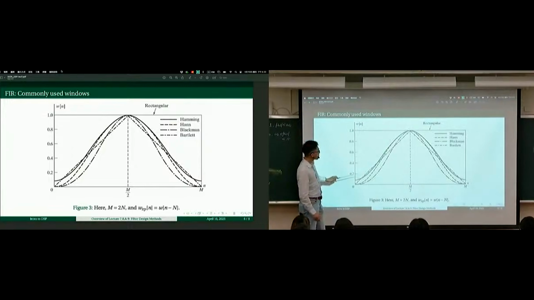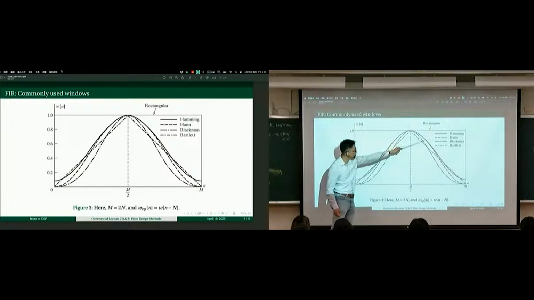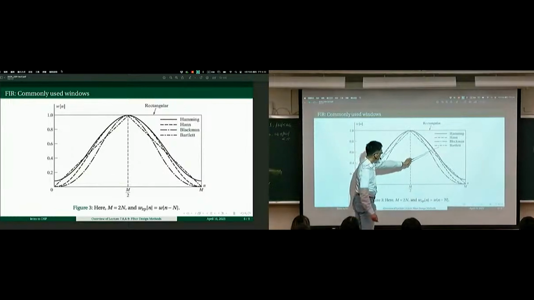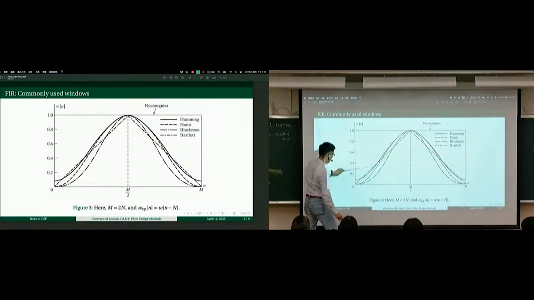For example, there is one called Hamming, another called Hann, and another called Blackman, and they all look bell-shaped, 就像钟型的 bell-shaped. And there's the 4th one, which is not that important in my opinion, but you can also define a window by a triangle, by drawing a straight line from 0 to the middle. That's also one possible window to use.